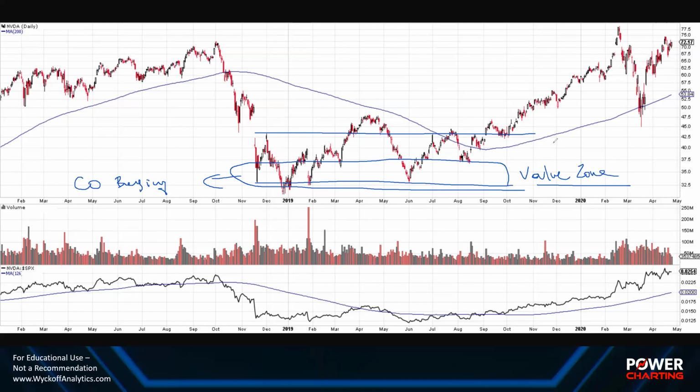That is their ultimate goal. Now you can see that this is very hard for them to do because Nvidia does not spend much time in the bottom half of this trading range, which is a very bullish signal from this stock.